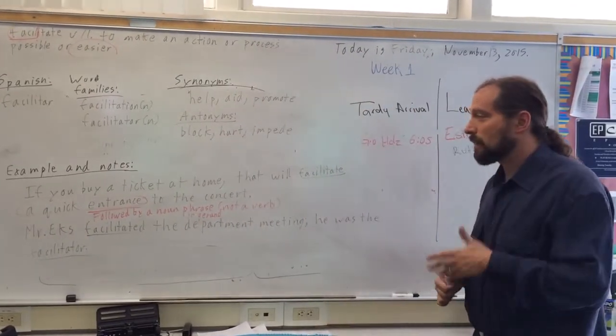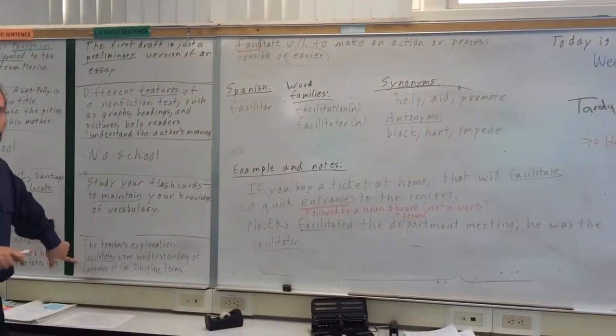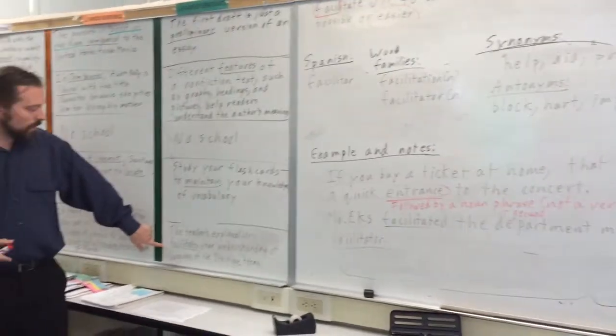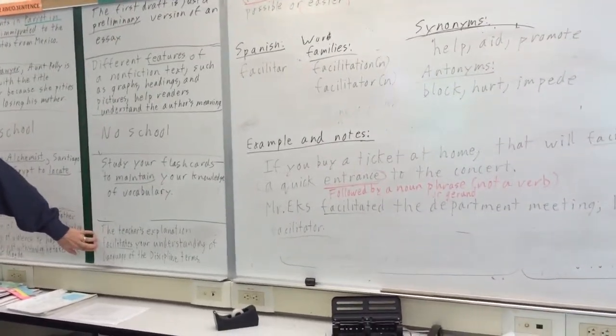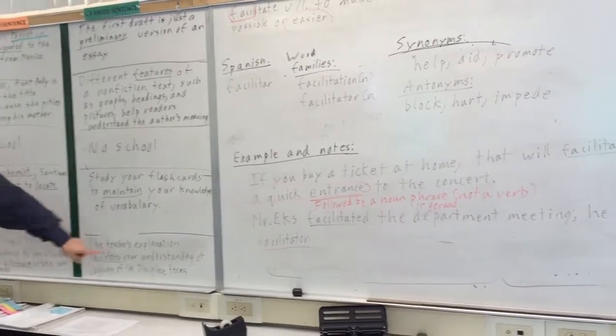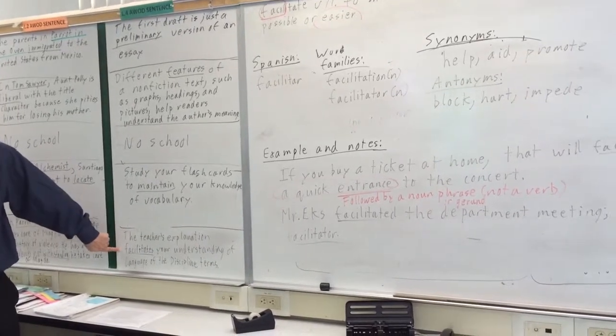So here are some examples with facilitate. You have to probably move over a little bit. Okay, this is the example with the concepts from English class. It says the teacher's explanation facilitates your understanding of language of the discipline terms. So that's supposed to happen when the teacher explains.